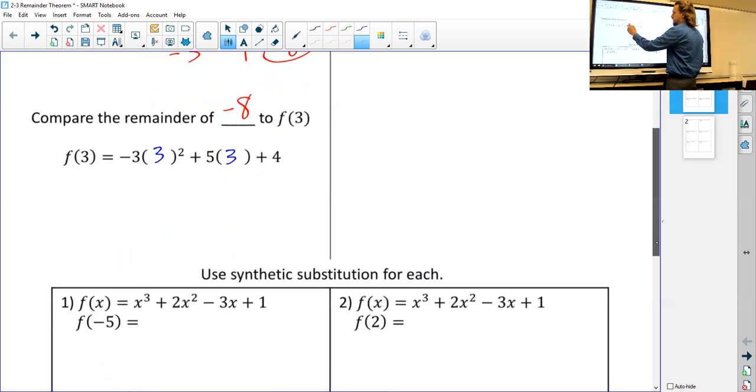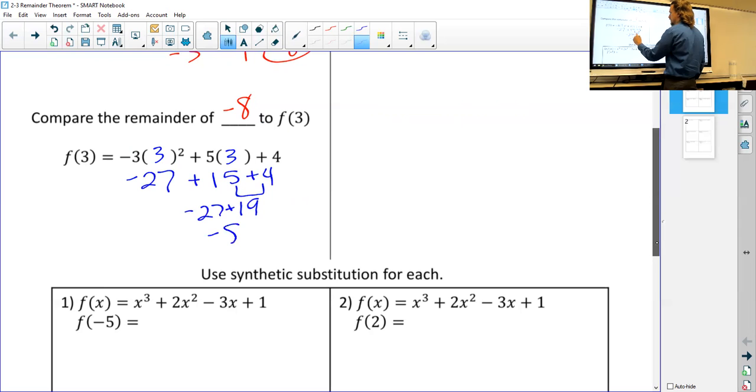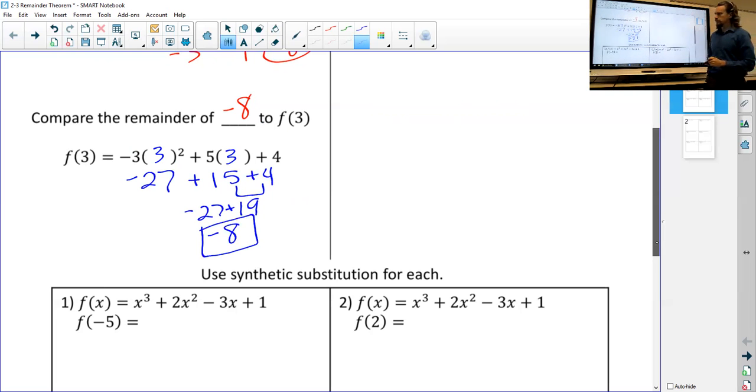So 3 squared is 9, 9 times -3 is -27, 5 times 3 is 15, plus 4, this is 19. So -27 plus 19 equals -8. Not a coincidence, right?